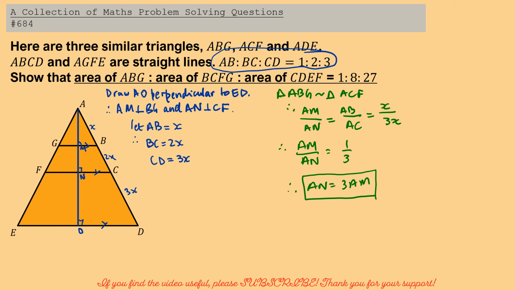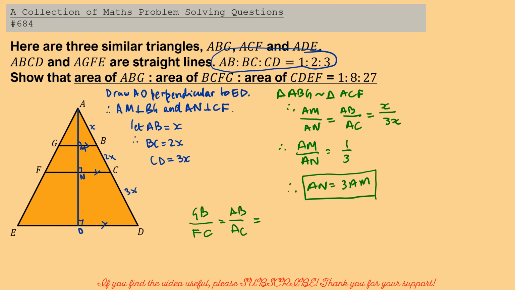Now the base. Now for the base we know that in a similar way GB out of FC equals AB out of AC.